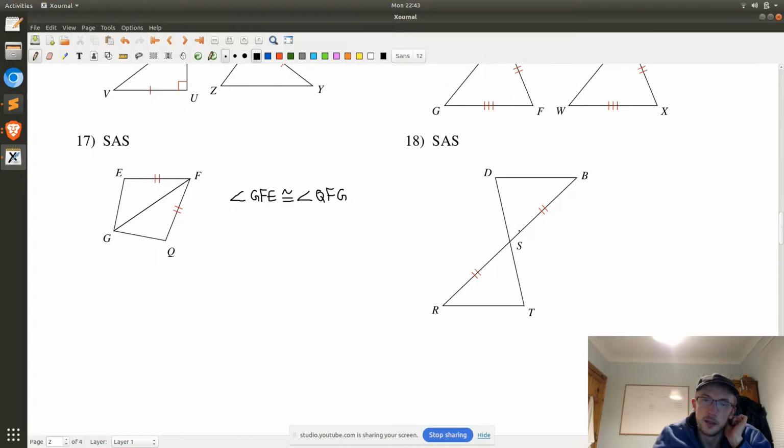That is, angle DSB and angle TSR are equal because they are vertically opposite, they're congruent. And so we would need to know that side ST is congruent to side SD.